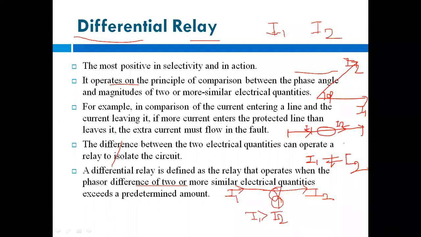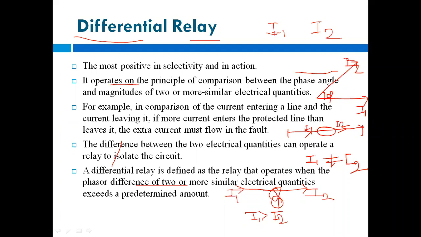So the differential relay operates when there is a difference between two quantities. If I1 is not equal to I2, then your differential relay will operate. And when the relay operates, what does it do?